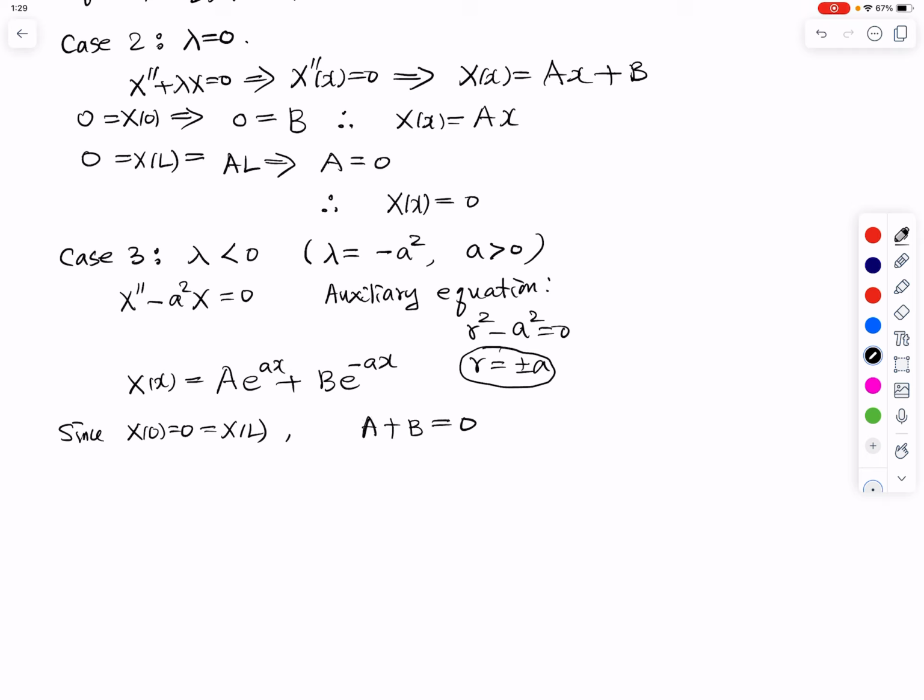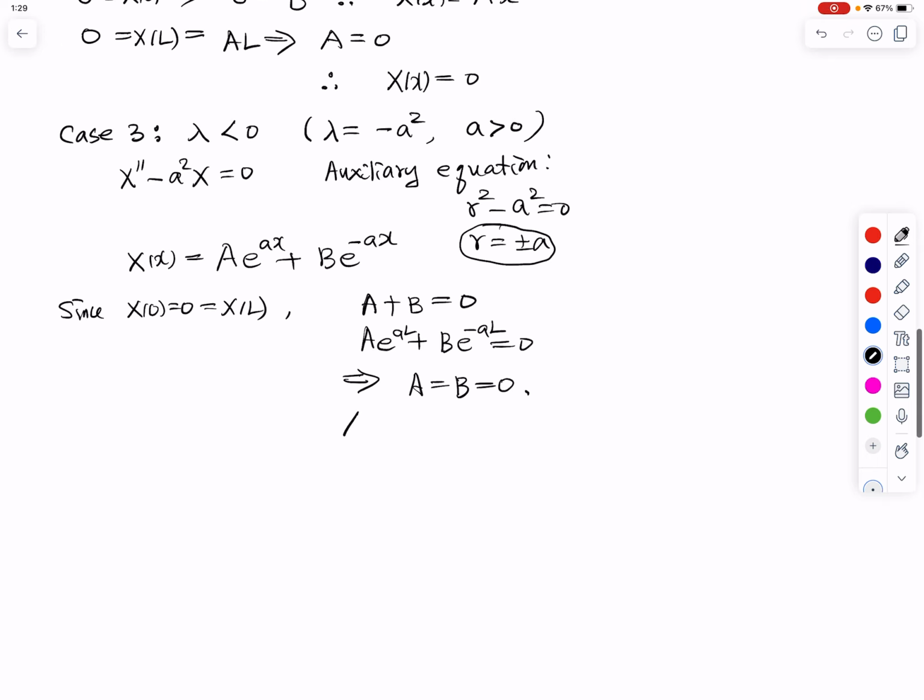You plug in L: a times e to the aL plus b times e to the minus aL becomes 0. When you solve this, you only have a, b equals 0. It's easy to solve, so I'm not going to spend time on it. That implies X(x) should be 0.